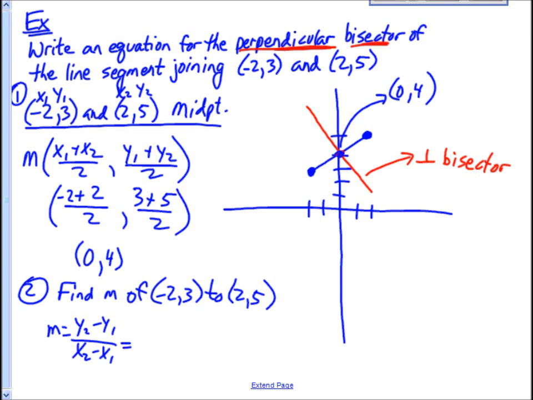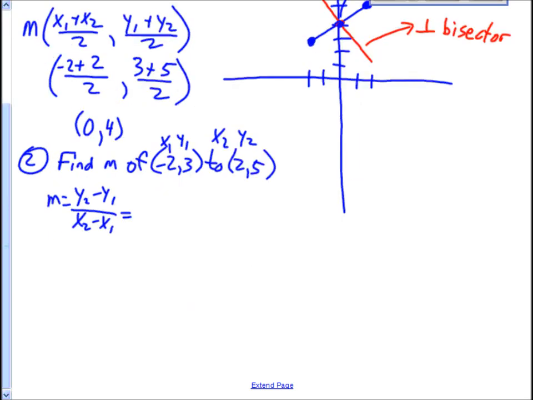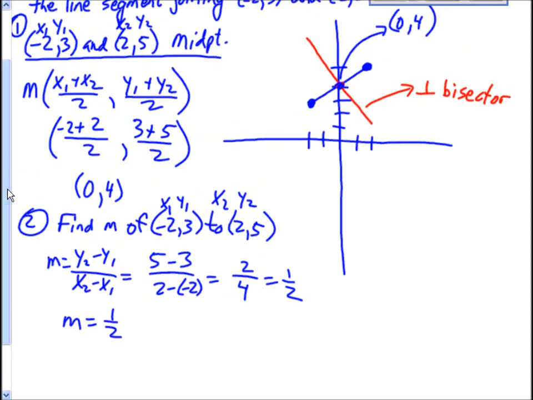Change in y over change in x. So find this slope. Okay, so we got 5 minus 3 over 2 minus a negative 2. So we got 2 over 4 or a half. So our slope is a half. That's for that blue line, okay?